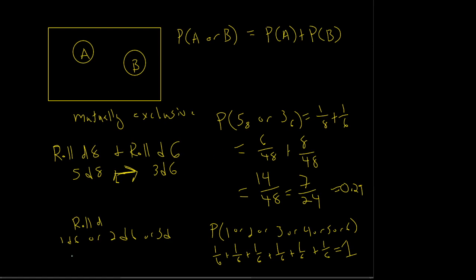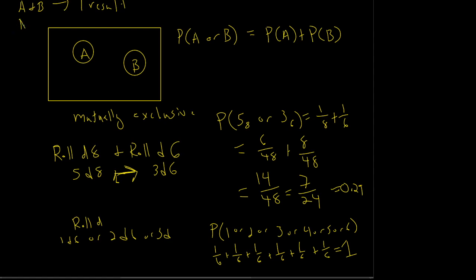So ORs, unlike multiplications, the probabilities get bigger. When we OR things, we're actually creating more possible outcomes in our sample space. When we were ANDing things, we created less. If you think about an AND, when I AND something, A and B, that's one possible result only.